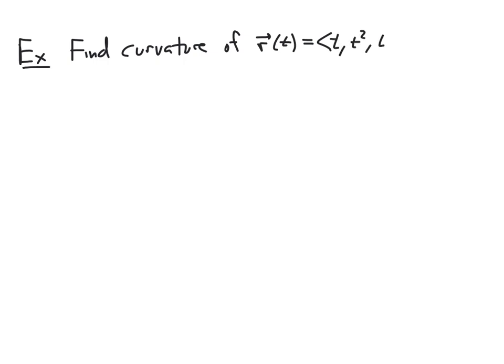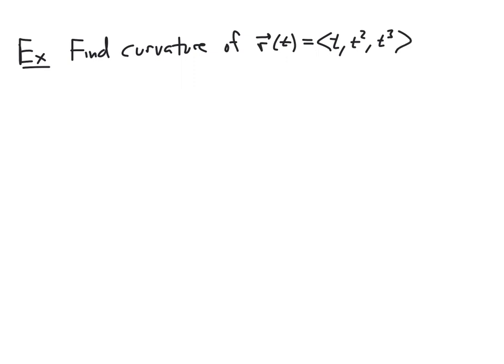So let's use this formula in one last example. Let's say we wanted to find the curvature of the vector function r of t given by t, t squared, and t cubed.